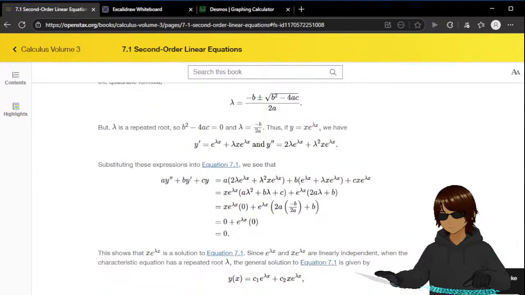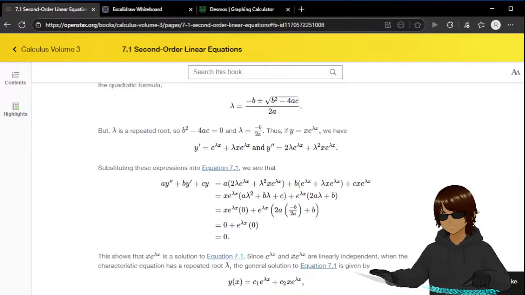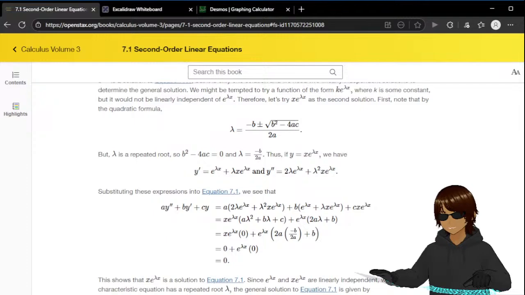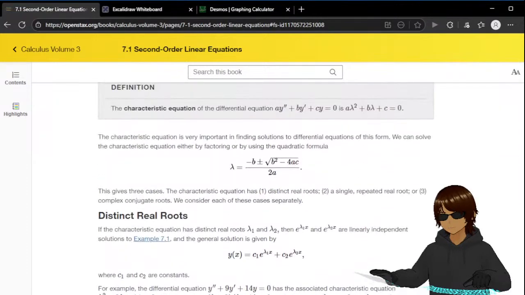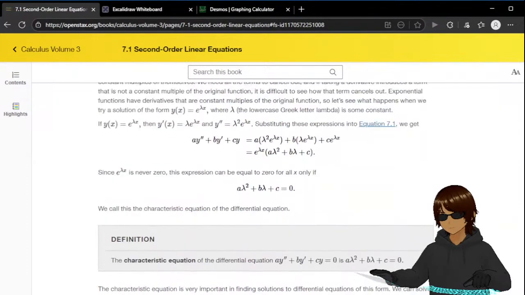And then we have plus 2a lambda plus b. I understand why they did this: this part is equal to 0 in this specific case when y is equal to e to the power of lambda x.